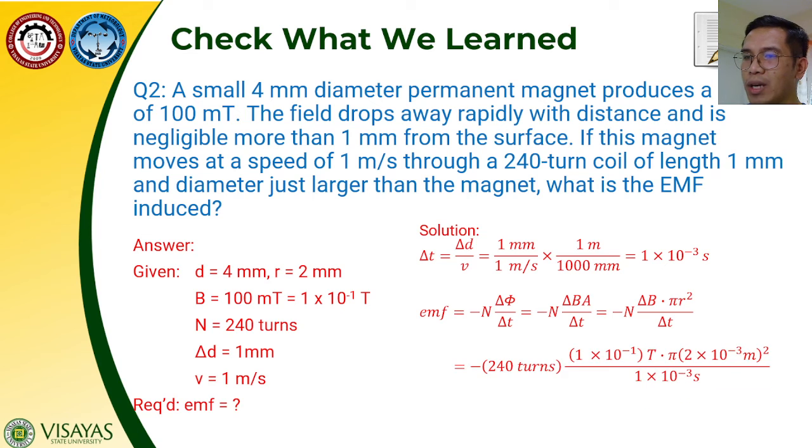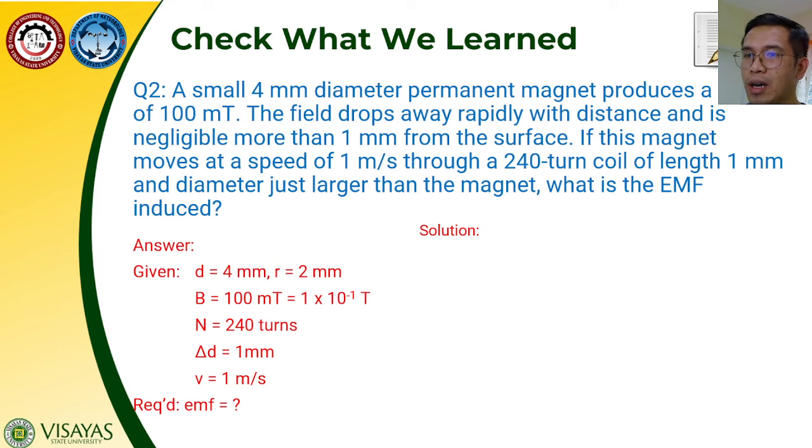So from that, we can just substitute our values, wherein your N is 240 turns, your delta phi is equal to delta B times A, wherein your B is 1 times 10 to the negative 1 Tesla. Your area is pi r squared. Your r is 2 millimeter. We can convert that to meter beforehand, so that our unit at the end will follow the standard unit for our EMF.